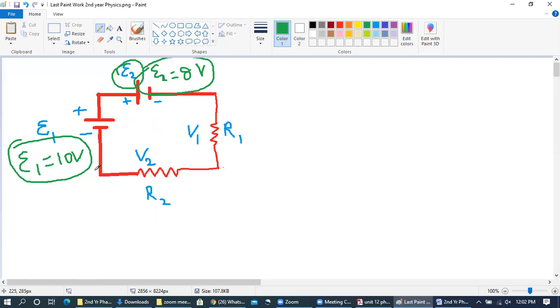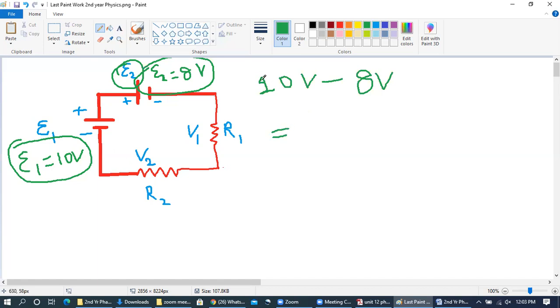battery 1 will have more capacity to move the current, but battery 2 is trying to waste its energy. So the overall result will be 10 volts minus 8 volts. Why minus? Because both are opposing each other.